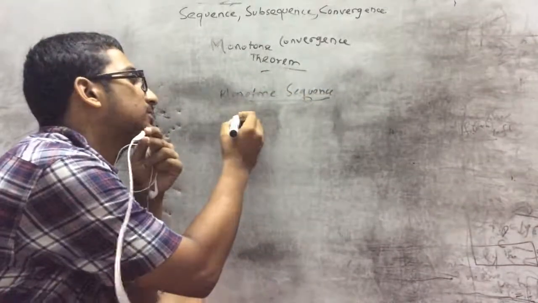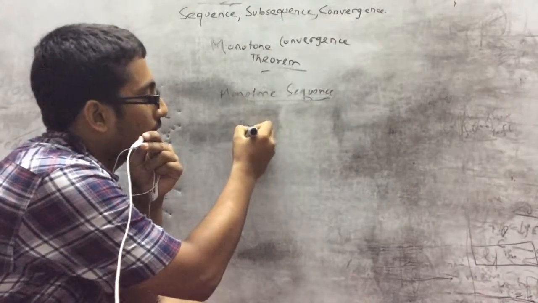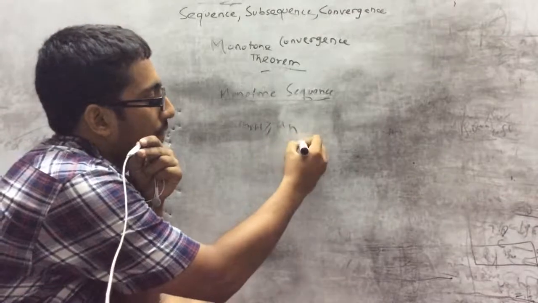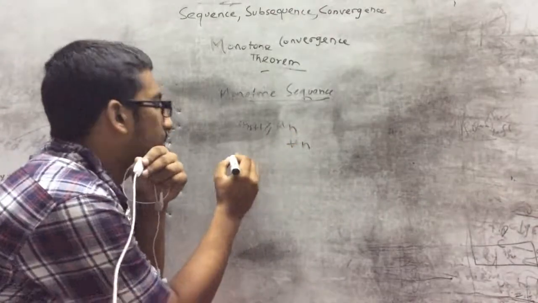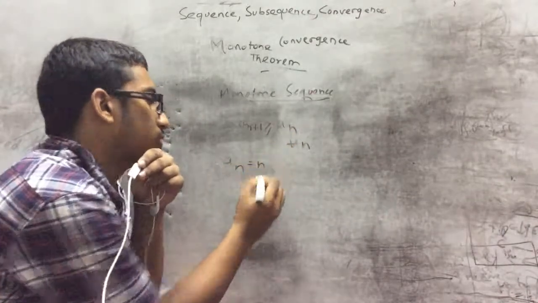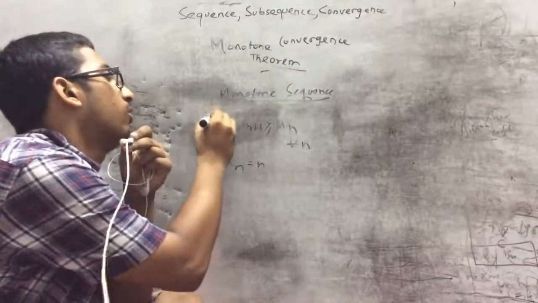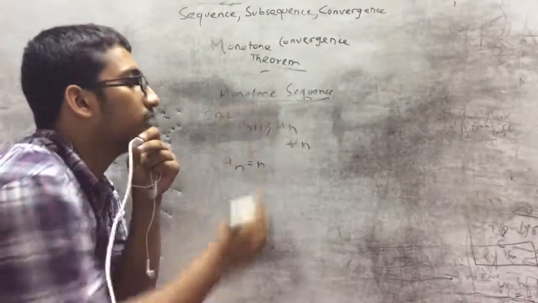A sequence is monotonic if, I mean, for example, a_n equal to n is monotone, and I am sorry, I am wrong. It's increasing. I mean, monotone sequences are of two types.